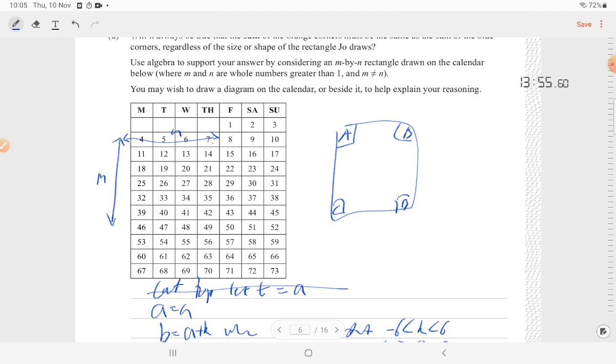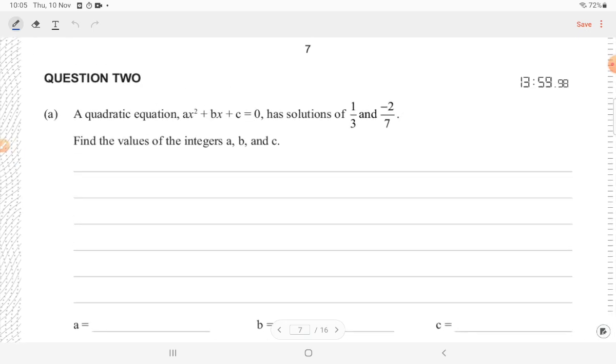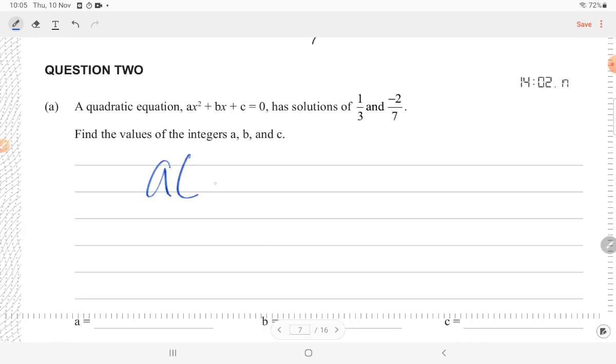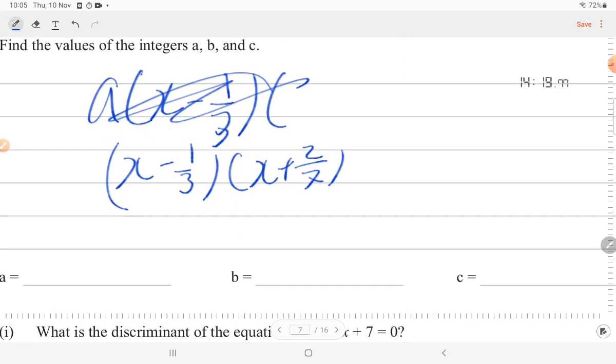This is such a weird question. No. 1/3 x plus 7 to 1 minus.